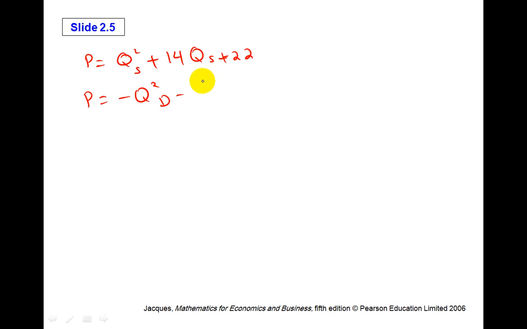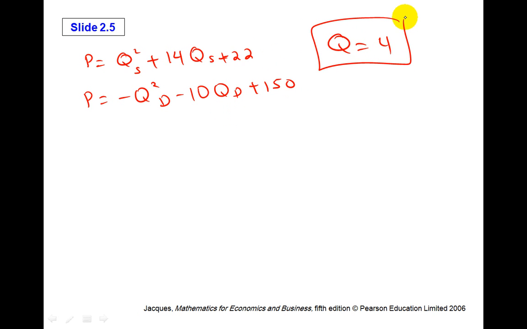You had two equations. I'll write them. Okay, you have these two equations, so you can plug in the value for the quantity which we found as 4 in the first or in the second equation, and you'll have the price.